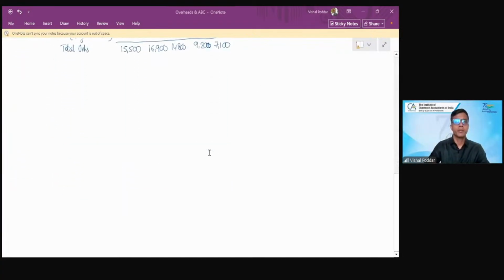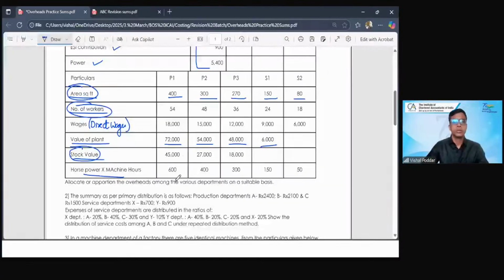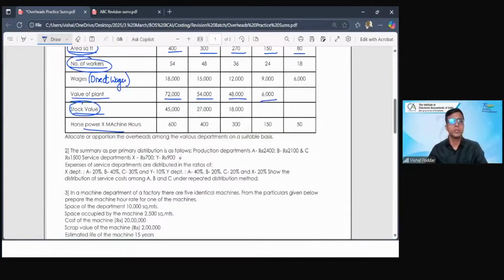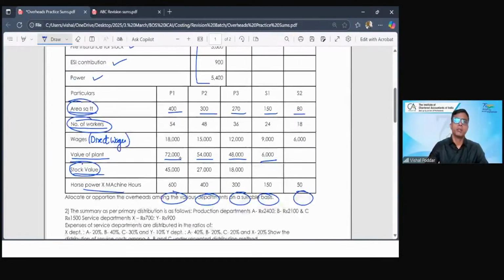Let us proceed further, students. After primary distribution is over, you get totals of each department. Remember your ultimate purpose of doing all this working? The ultimate purpose is we need to find out the ORR of each department. But when I say ORR of each department, the departments are only the production departments and not the service departments. Why?